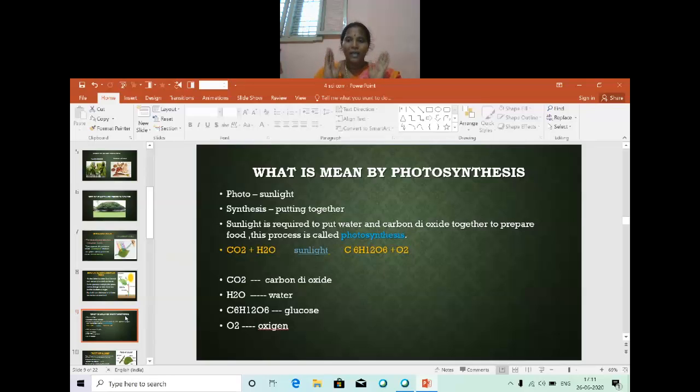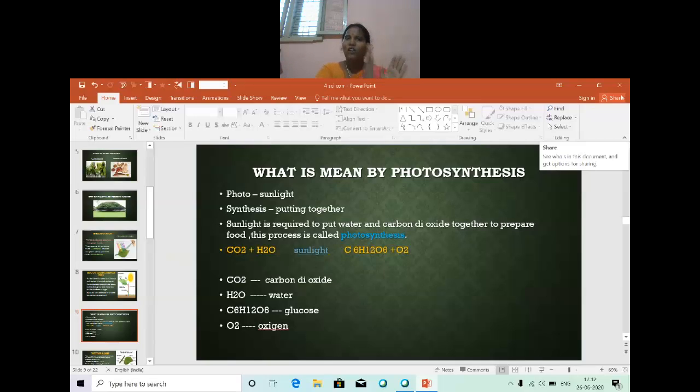Just imagine, if your mother wants to prepare food, what does she need? She wants rice, vegetables, salt, ginger, garlic, oil, like that. A lot of ingredients she needs.